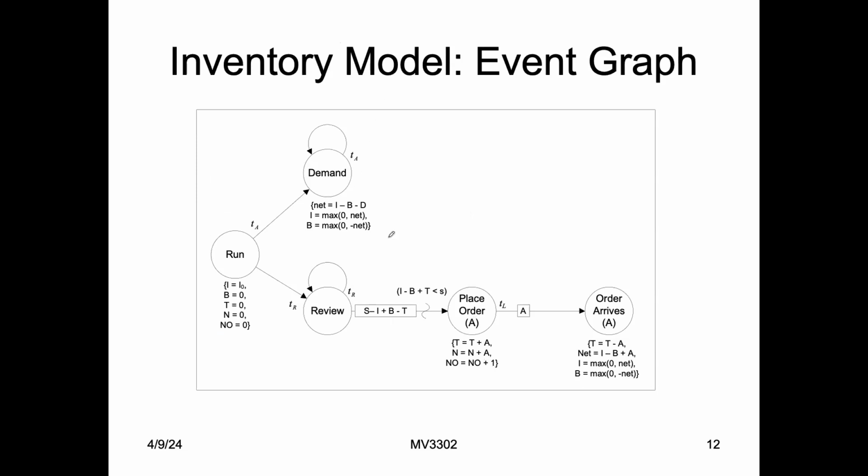So here's the event graph. Now, as we can see, there's a little arrival process going on here. I'm calling it a demand because it's not so much an arrival. The demand is a more descriptive one, and that gets scheduled from run with our inter-arrival time at Q sub A. Our run initialized all of our state variables as usual.